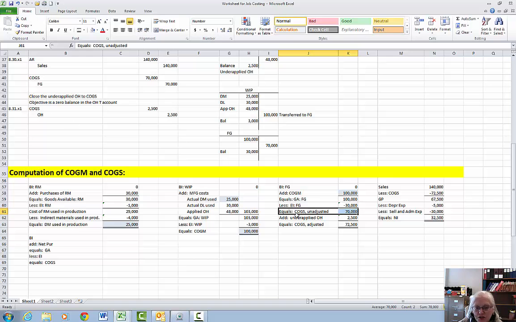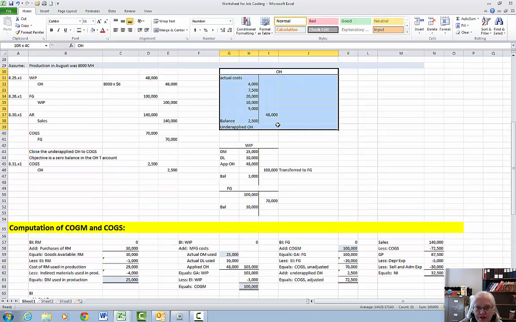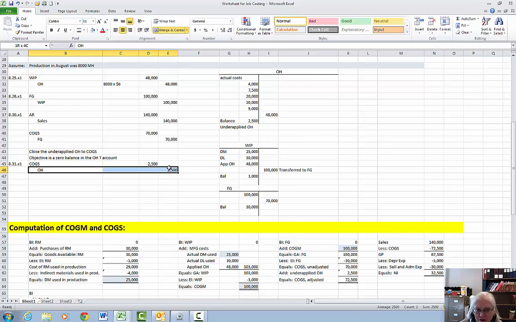Remember we had underapplied overhead? So if we look at that overhead T account again, and we see a debit balance of $2,500, we need to close that to cost of goods sold. So to close the account, I want a zero balance in my overhead account. So to get that, I need to credit overhead and debit cost of goods sold.